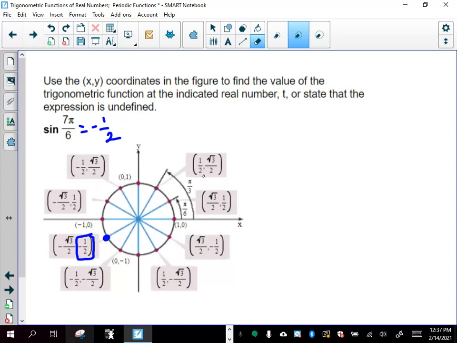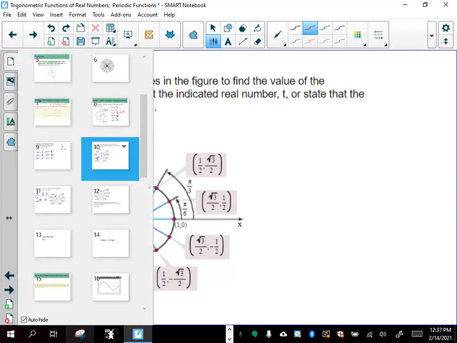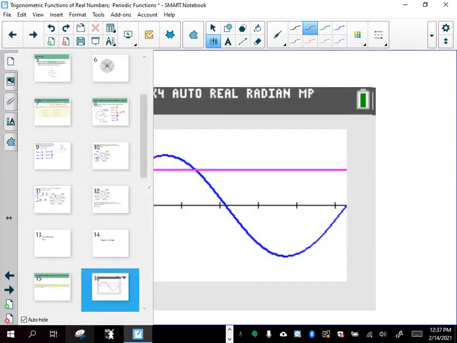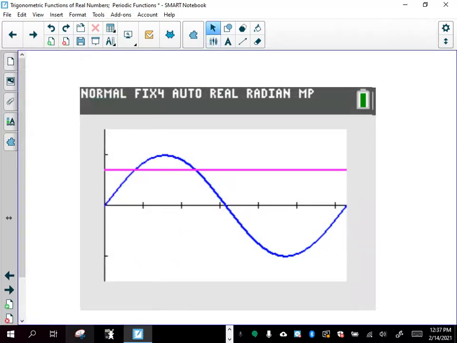If you look at my circle here, I've got 2 points, here and here, that have the same y value. If I was to lay this out flat and look at what the sine function looks like if I was to graph it, this is what you're looking at.